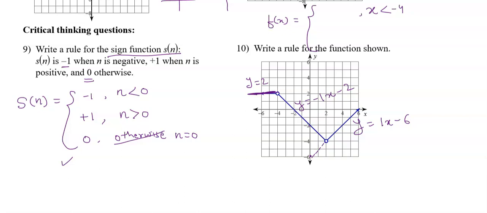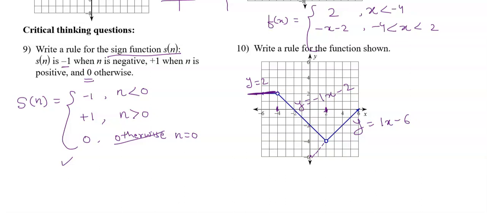Good one. Then for the second equation, the middle one, the function has been defined as -x minus 2, and that is defined when x is greater than -4 and less than 2.